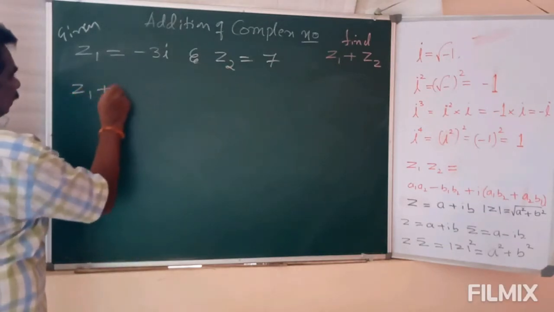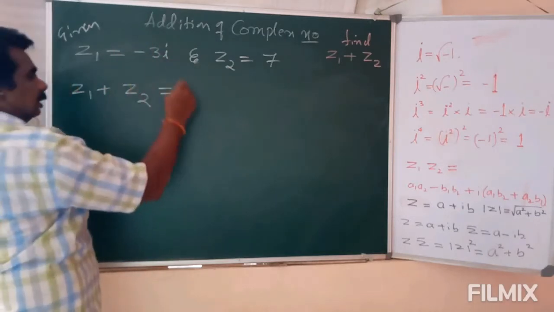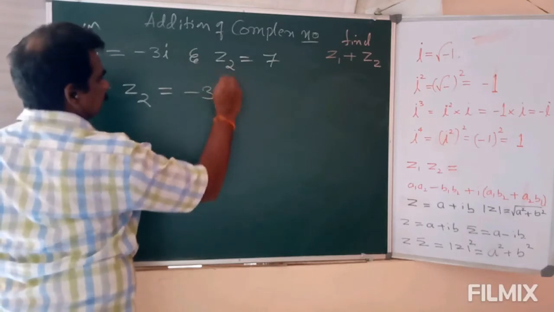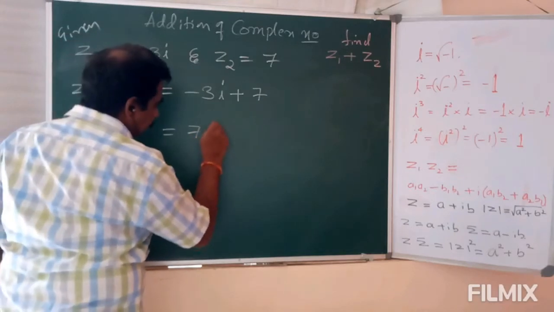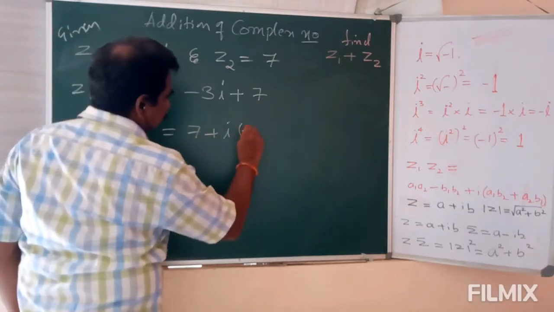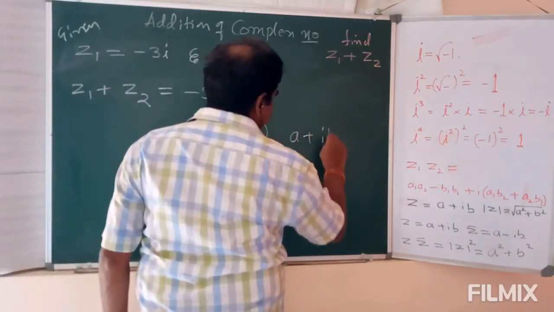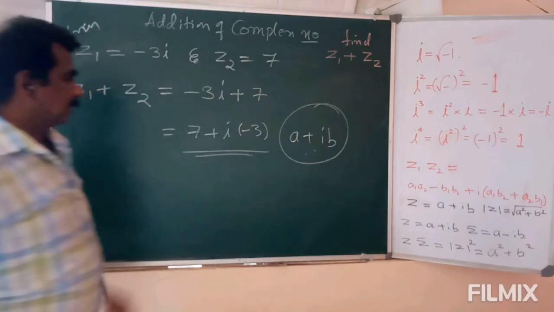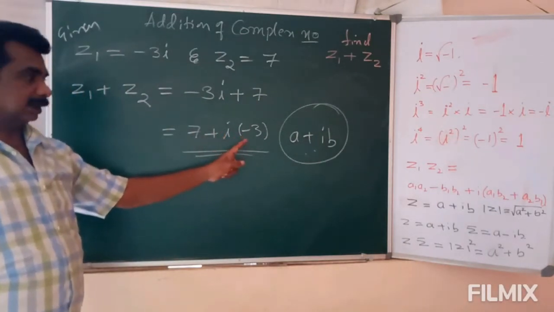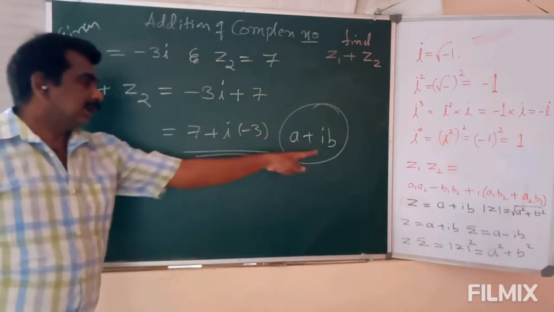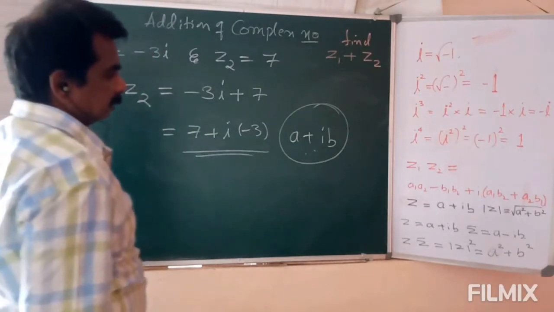Z1 plus Z2 is equal to minus 3i plus 7, that is 7 plus i into minus 3. Actually, we have to write in the form of a plus ib, where a is 7, b is minus 3. Like this, you have to add.